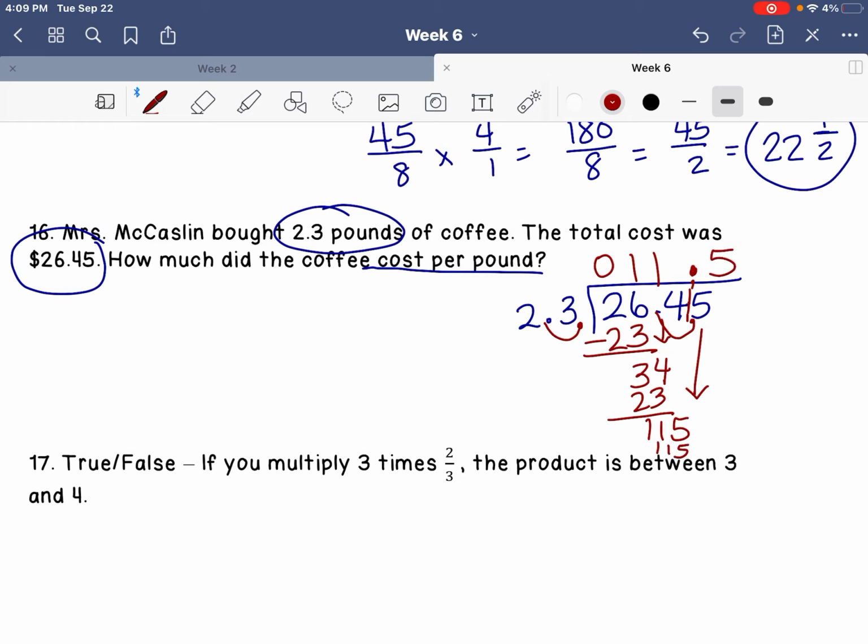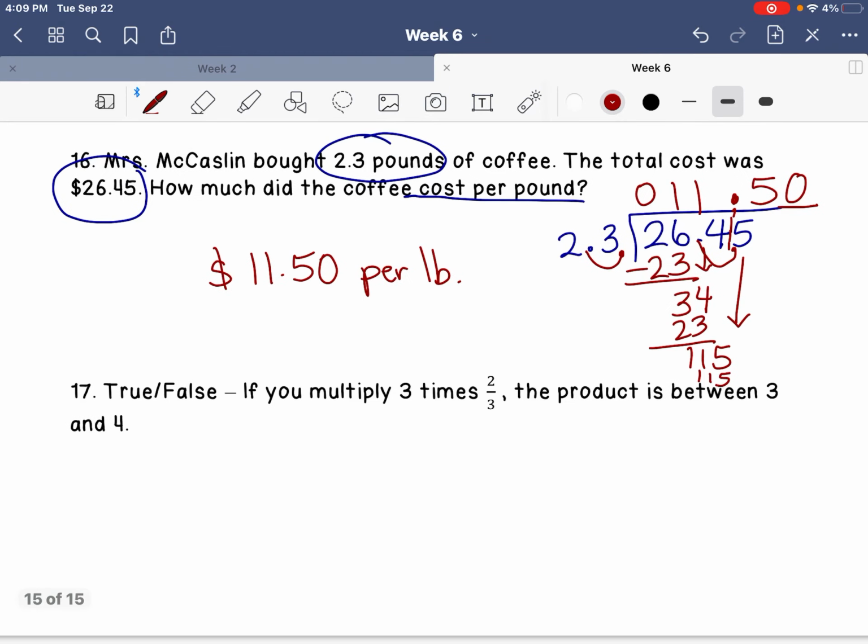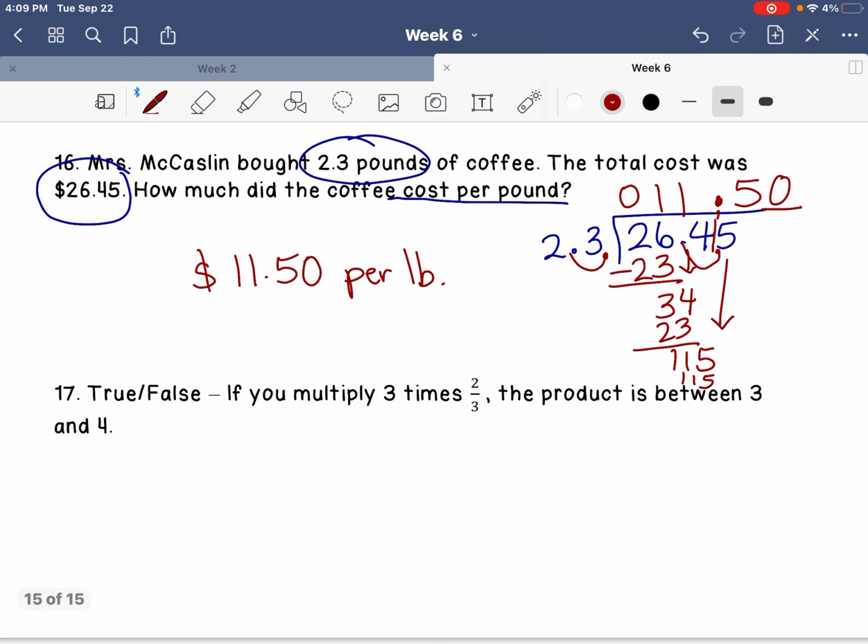So I'm done there. That looks like that coffee cost $11.50 per pound. Okay, because I had to add a 0 on there to make it money, because it's cost, not just 11.5 pounds. It's $11.50.